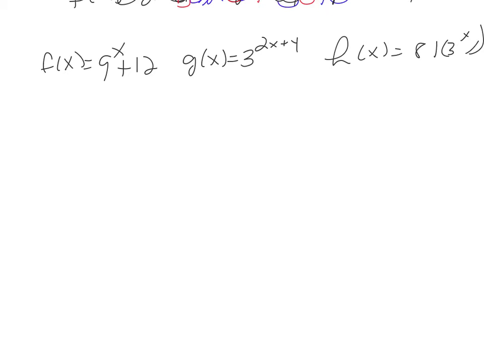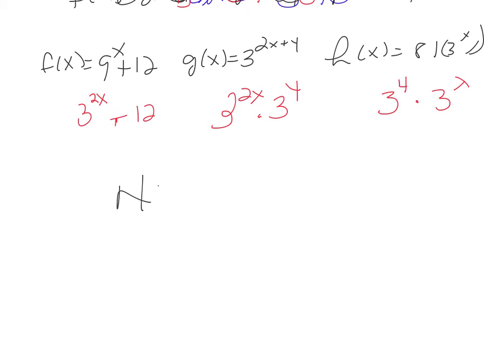So 9 would be 3 squared to the x, so that's 3 to the 2x, plus 12, nothing to do with 12 there. 3 to the 2x plus 4 would be 3 to the 2x times 3 to the 4th. And h would be 81, which is 3 to the 4th power, times 3 to the x. So these 3 to the 4ths are the same, but I have 3 to the 2x here and 3 to the x, so they are not equal. None of them are equal.